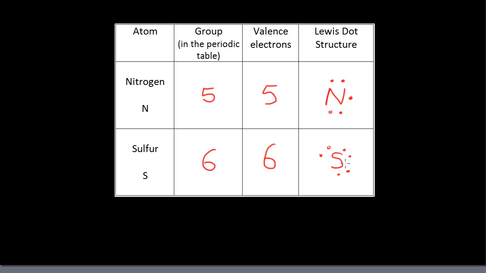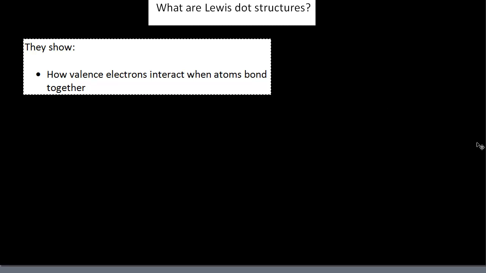Okay, so far it's pretty simple when we have just single elements. Next we'll be looking at how these elements combine together and how electrons interact with one another when there's a chemical bond. The other thing that Lewis dot structures help us with is they show us how valency electrons interact when atoms bond together.